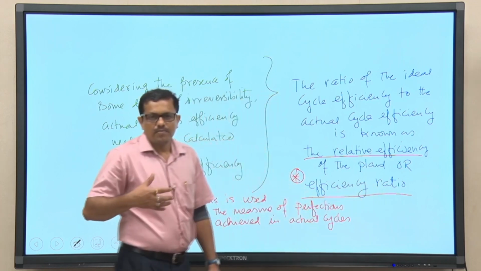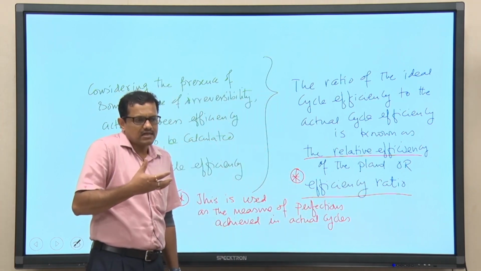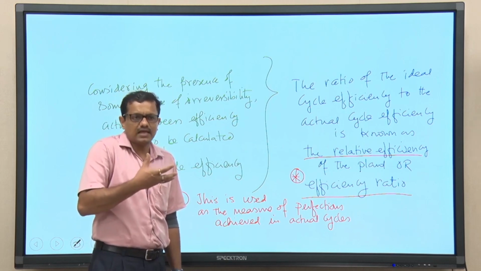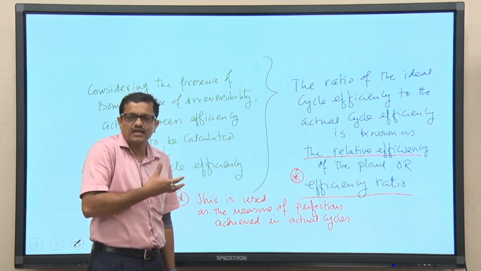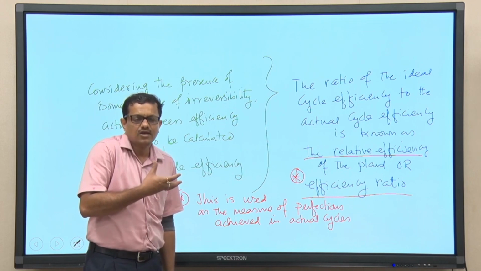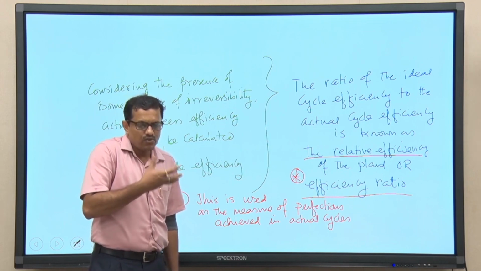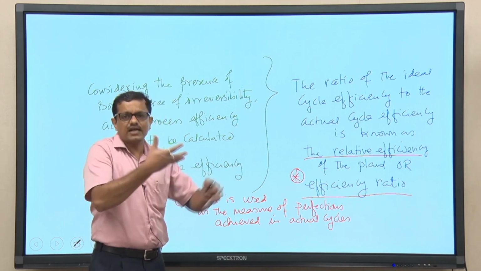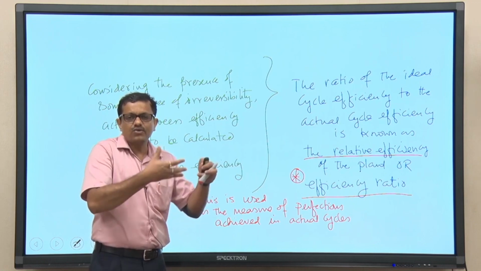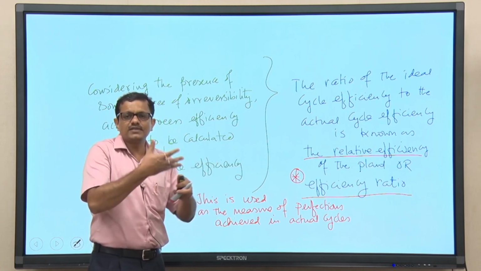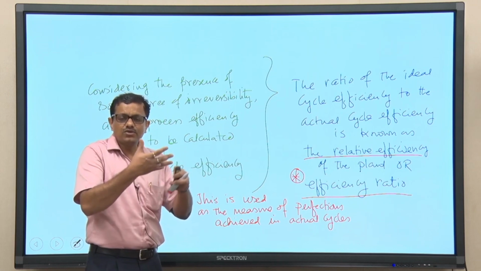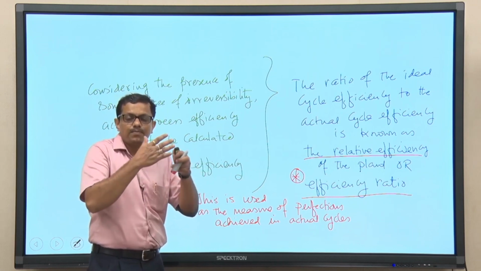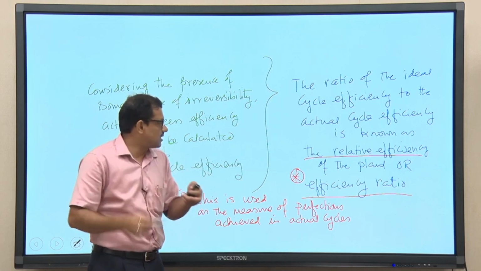Now, when we are trying to compare different actual cycles, we need to define the performance measuring parameter which should be used to compare the performance of different actual cycles.